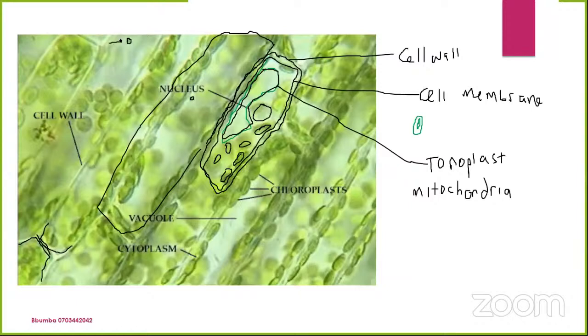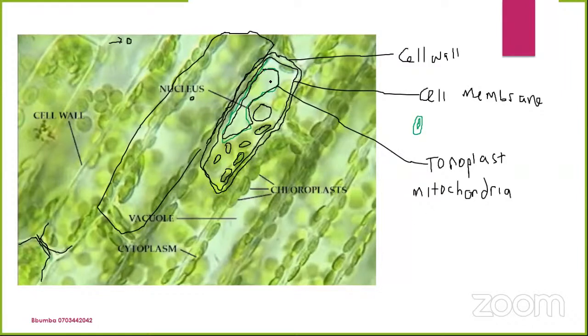They are concentrated in some sections, which you can call starch granules. You get it? Within the cytoplasm, there are starch granules, and that's where starch is stored.